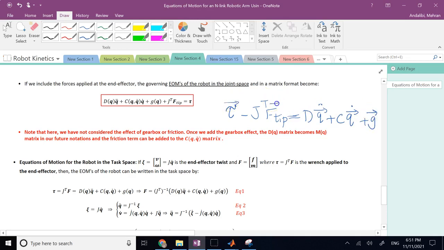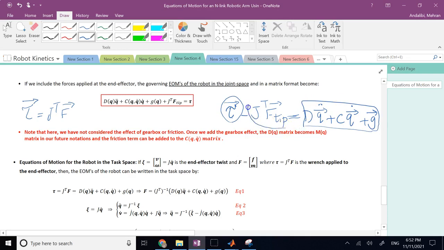Okay, and you might say, well, what is this? Well, the relation between the torque at the joints and the force at the end effector is a relation that we know: tau equals J transpose times F. So if this F is the extra force on the end effector that is applied to the environment, and the reaction of that is applied from the environment to your end effector, to your robot, then not all of the torque that you're applying from your motors is going to be used to accelerate the joints.